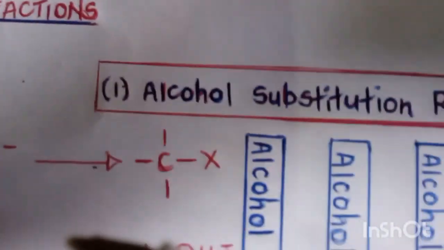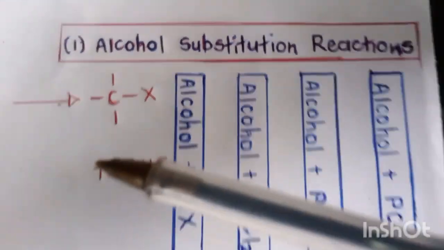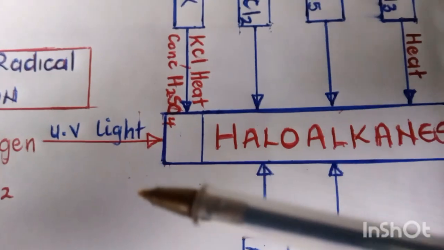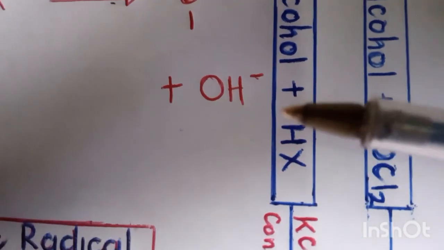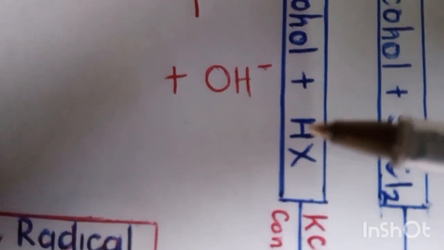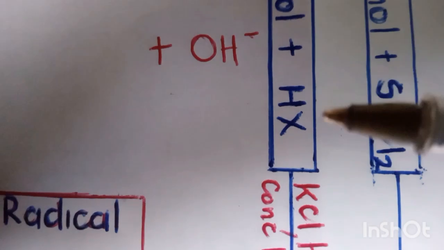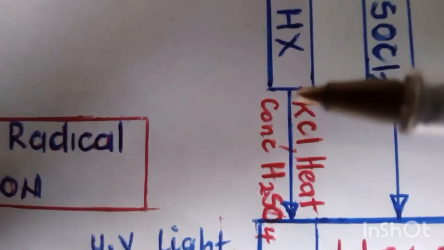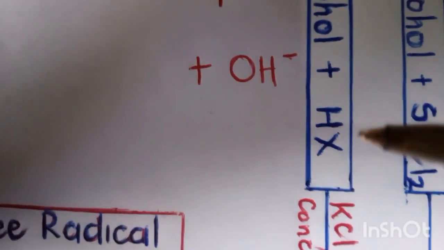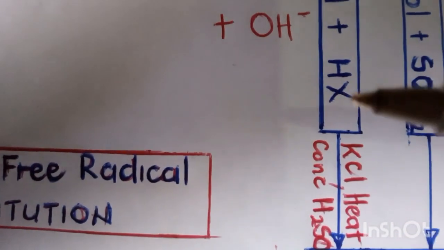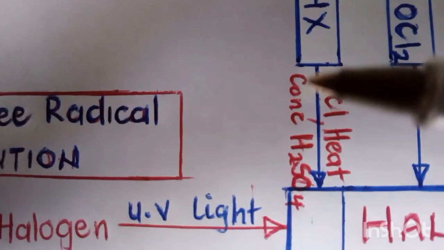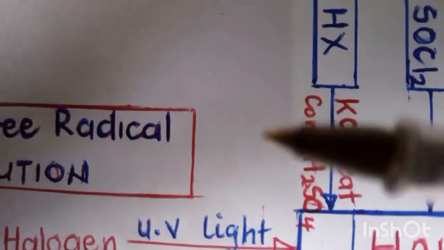And then the last alcohol substitution reaction that is used to make haloalkanes is where we react an alcohol with a hydrogen halide. However, the hydrogen halide will be made in situ. What this means is that instead of mixing the hydrogen halide directly with the alcohol, the hydrogen halide is formed through a reaction that takes place in the reaction mixture.